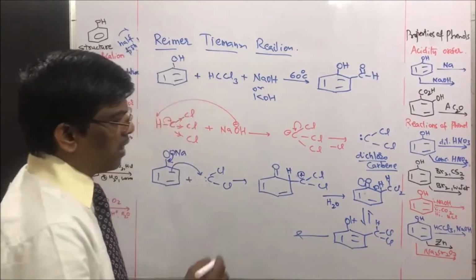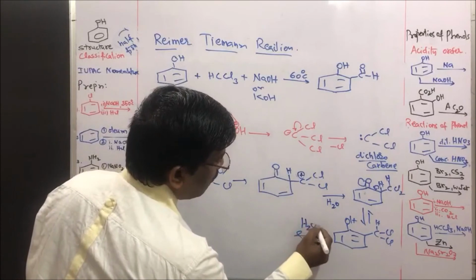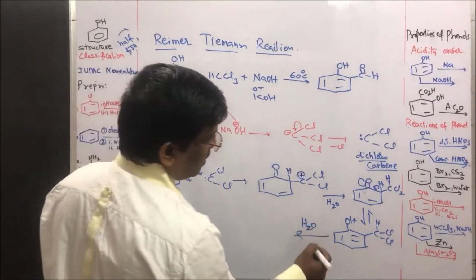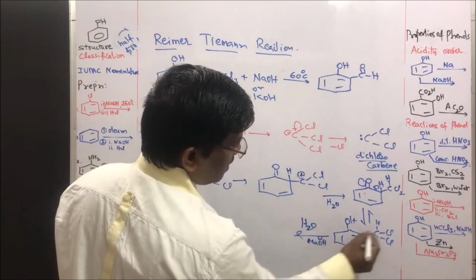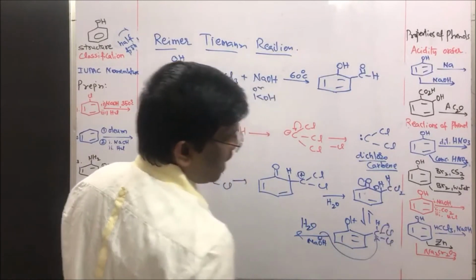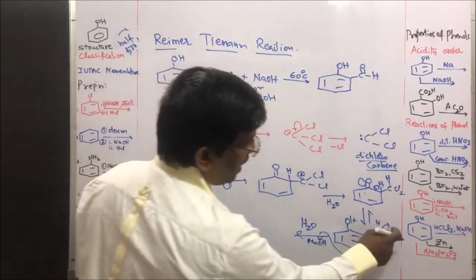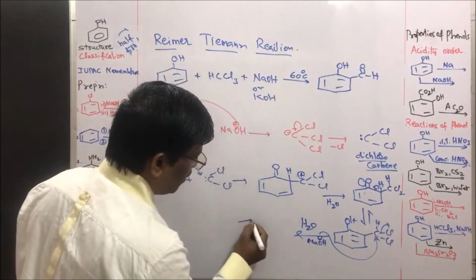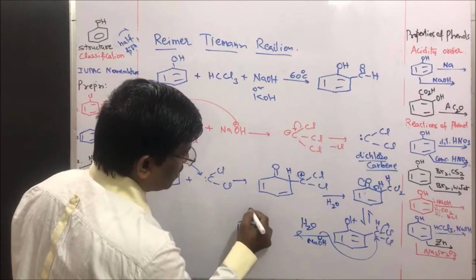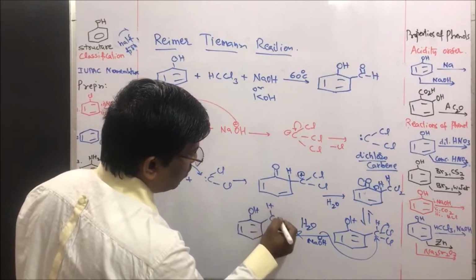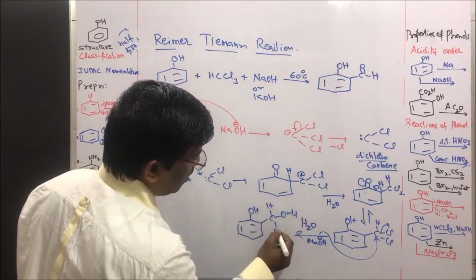This dichloro compound upon hydrolysis, what is going to happen? In the presence of base, this is going to be replaced by hydroxy groups, where you are going to get a diol. If you want, I am going to write the intermediate because in most of the textbooks it is not given. Hydrogen, OH and OH.